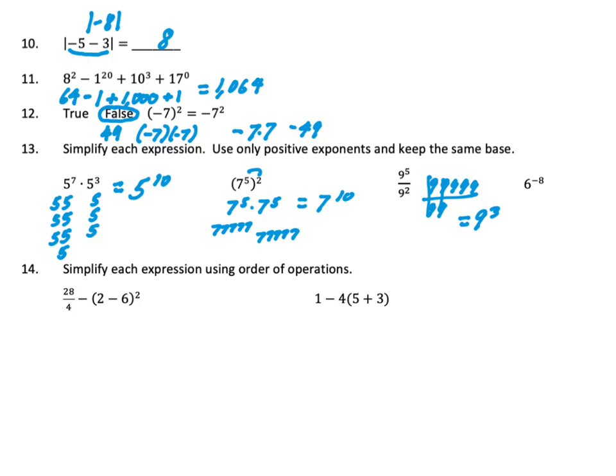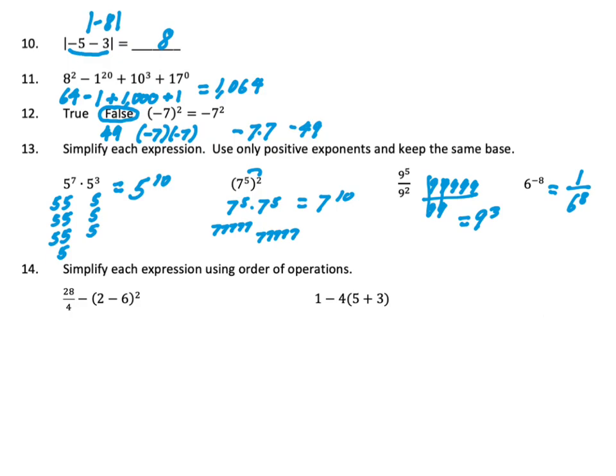And with negative exponents, numbers do somersaults. This becomes 1 over 6 to the 8th power. And our reasoning for that goes along with the last example.